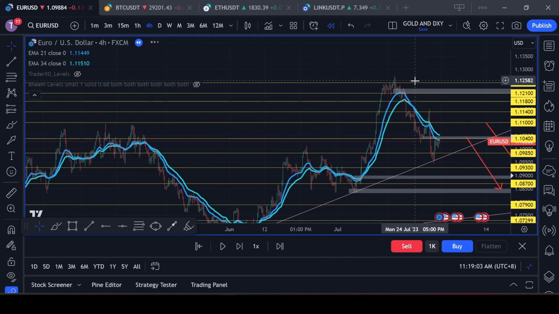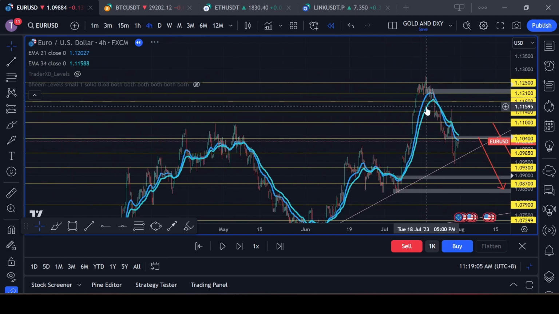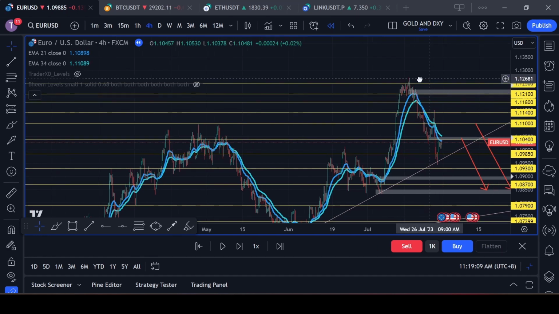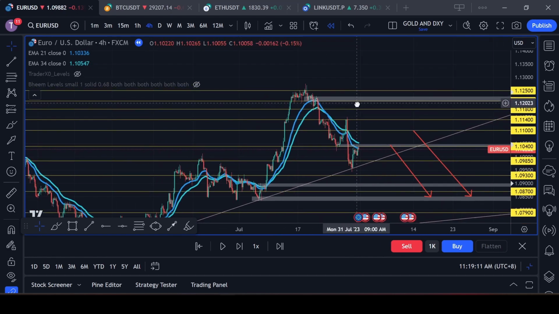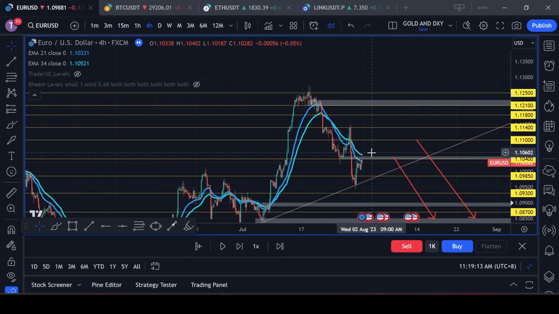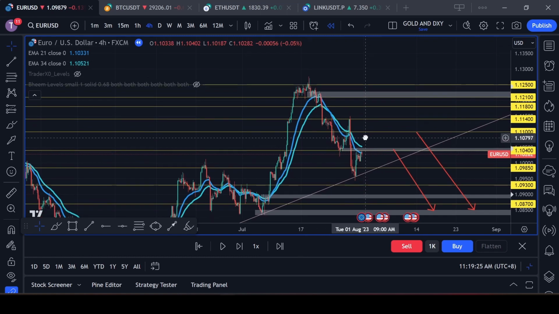But as I mentioned in my previous video, I also took a short over here because this was a key resistance area on the higher time frame. If you do not know what I'm talking about, do check out my previous video. Therefore I took a short around 1.123 and targeted this area over here, 1.104.